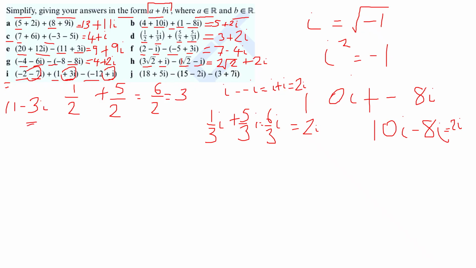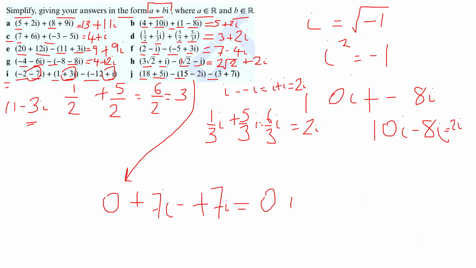And then finally, part J, guys, we're almost there. Again, collecting my number parts, we got 18 minus 15 makes 3. Minus 3 obviously goes to 0, so we got 0 in the real parts. Then we got 5i minus negative 2i becomes 5i plus 2i, so we got plus 7i, but then we're subtracting positive 7i, so that is also going to go to 0.